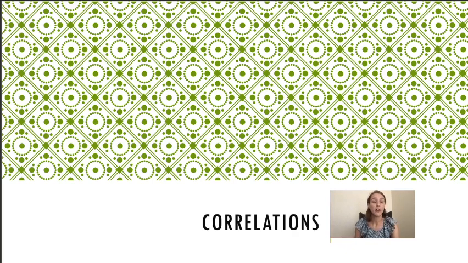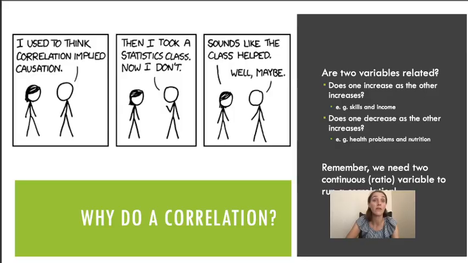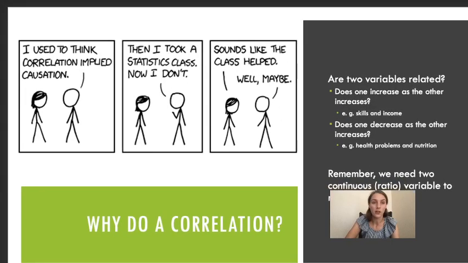A correlation compares 2 interval or ratio variables. So if you ever hear anybody say, comparing groups, that these 2 groups are correlated, there's no such thing, right? That's not right because we can't correlate groups. We can only correlate variables that are continuous.